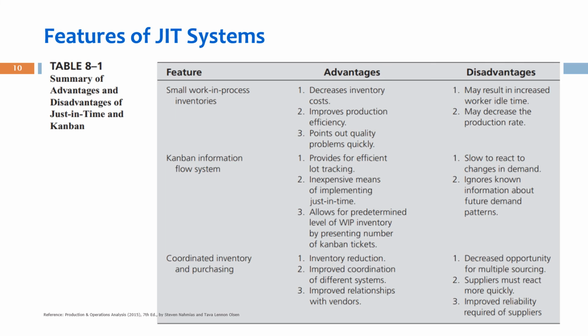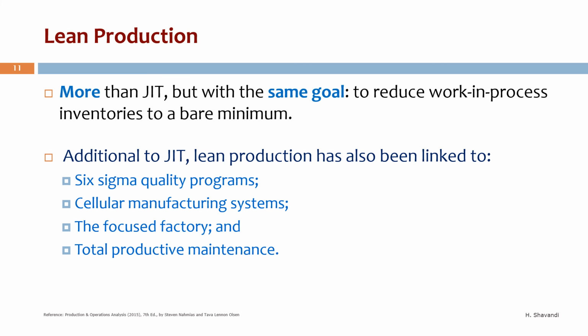In this figure, you can see a summary of the advantages and disadvantages of just-in-time and the Kanban system. At the end, let's compare lean production with just-in-time. At the beginning of this part, I said that these two are somewhat equivalent, but to be more precise, there is a difference.